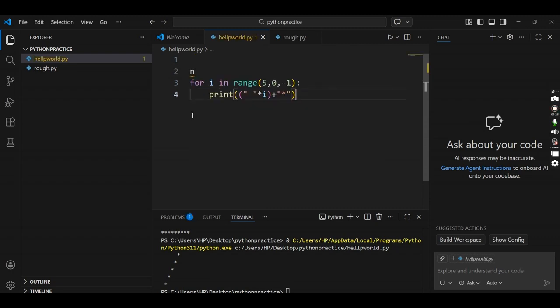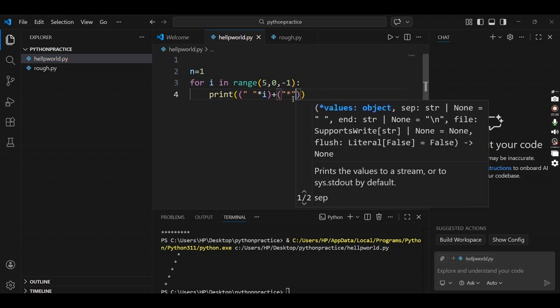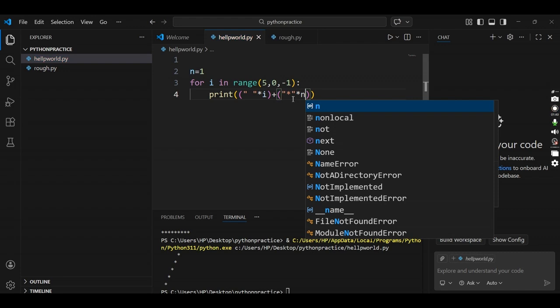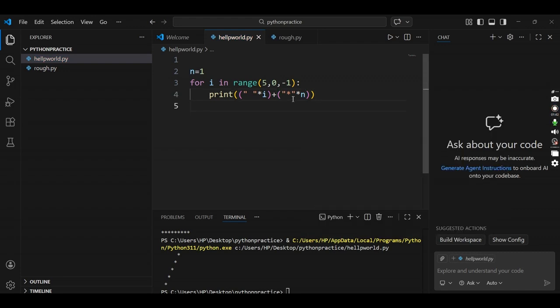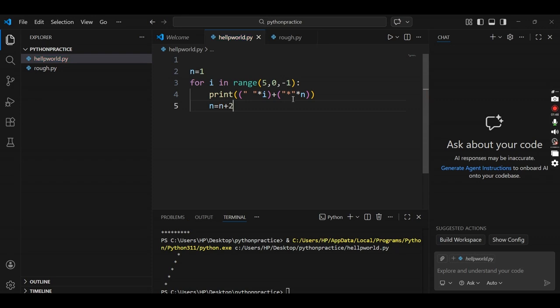Okay, the number of stars is just increasing by 2. So as the value is increasing by 2, you will multiply this star with a number called n, but every iteration the value of n gets increased by 2. Okay, so you'll just increase it by 2 and you'll solve that question.